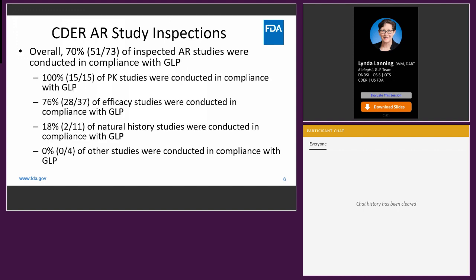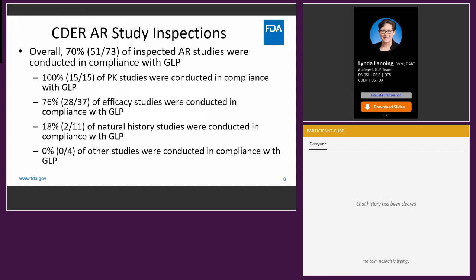Overall, 70% of inspected animal rule studies were conducted in compliance with GLP regulations. When we separate these into study type, 100% of the PK studies, 76% of efficacy studies, 18% of natural history studies, and none of other types of studies were conducted in compliance with GLP regulations.